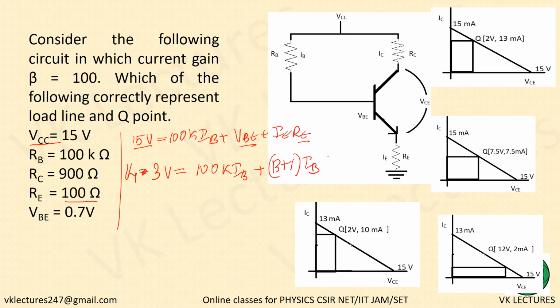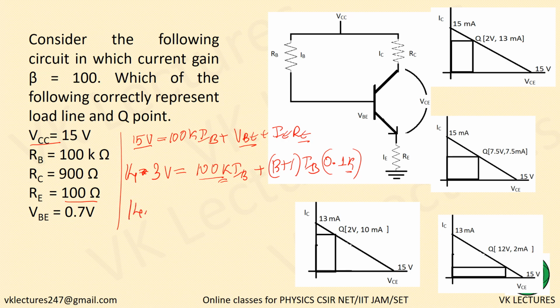You can write it as 0.1K. I am just writing in terms of kilo. So this is 100K IB, and this is (beta plus 1). What is beta plus 1? That is again 100, so 10 IB into K you will get. So this is total 110K.